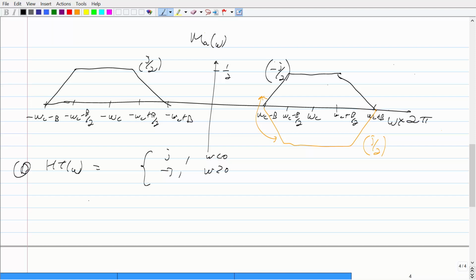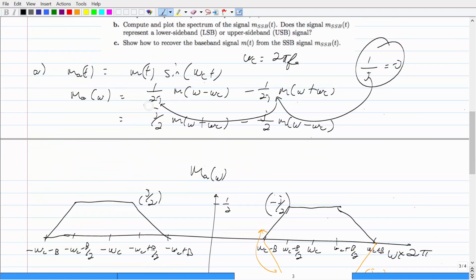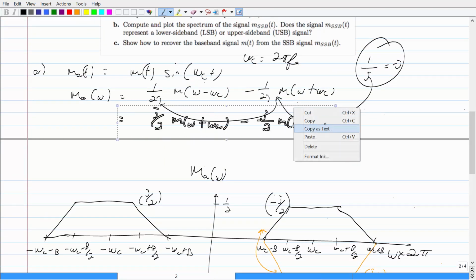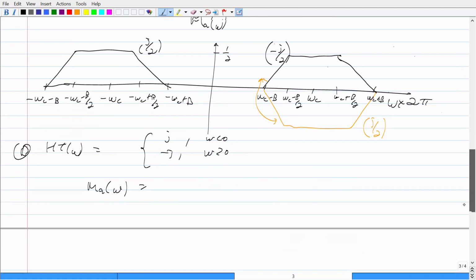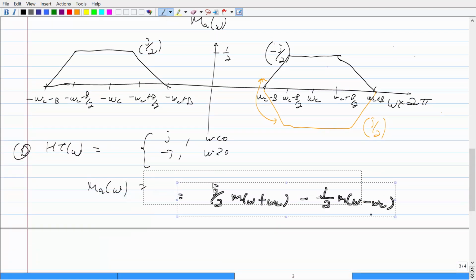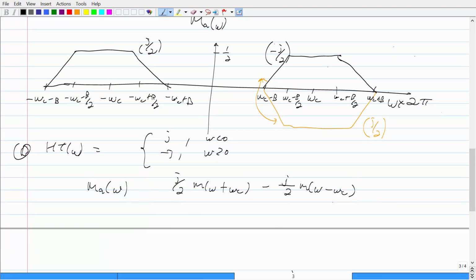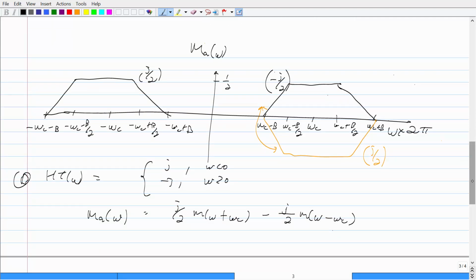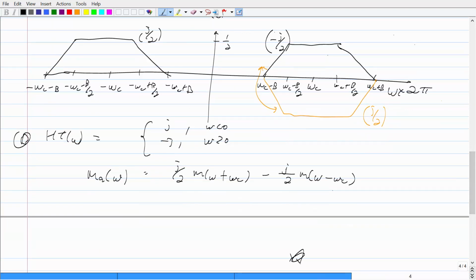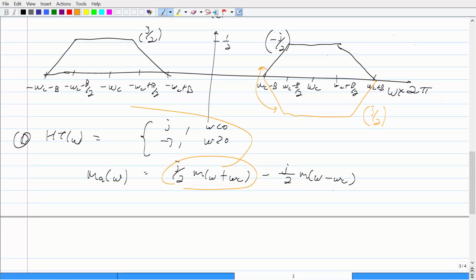So remember, for m of a, we had this guy over here. So this is our expression. For m of b, as you can clearly see in the spectrum, this one deals with the negative side of things, and this one deals with the positive side of things.